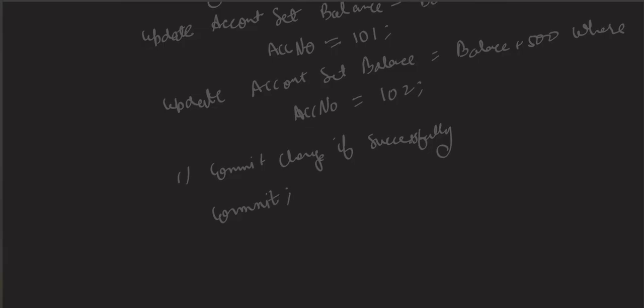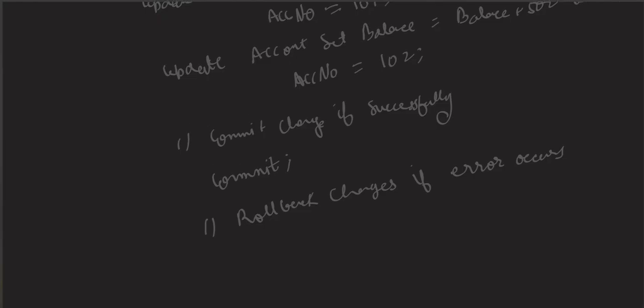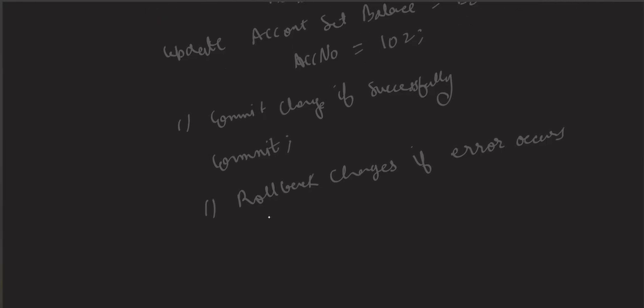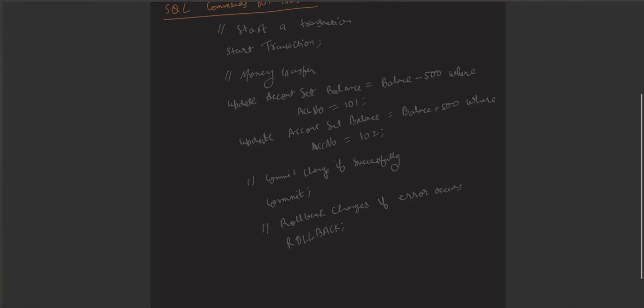Okay. And at the last you have to rollback the changes if an error occurs. So in any case, if any error occurs, you will do ROLLBACK. So this is how your whole query looks for the transaction.